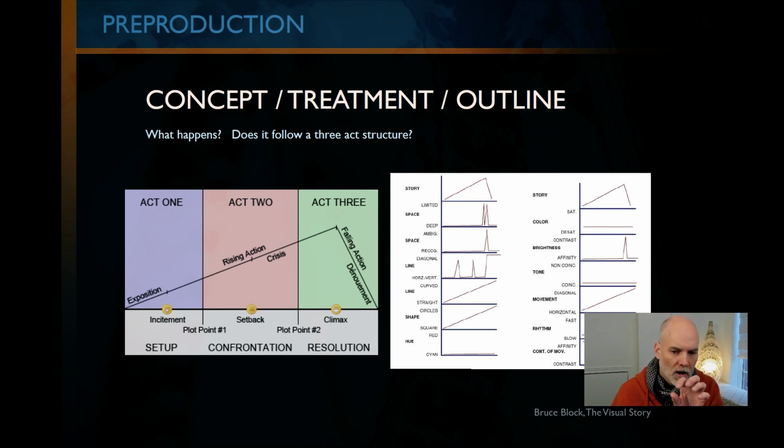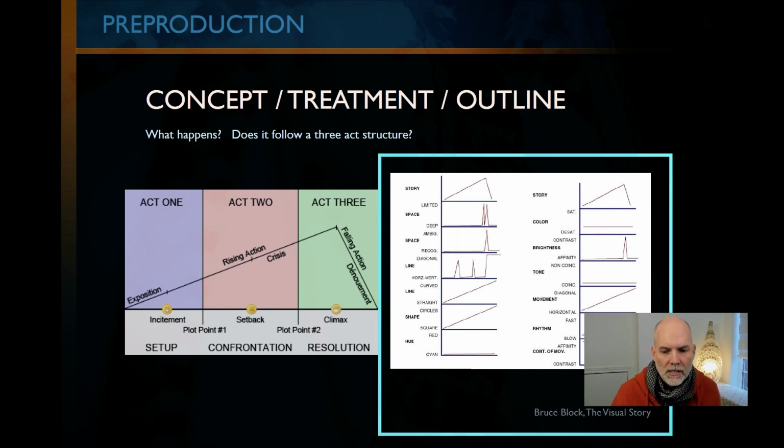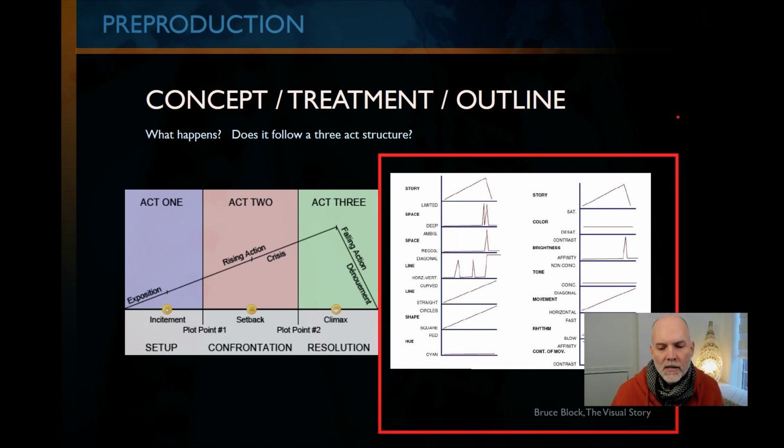Now, for some of you, I want to push you a little bit, and talk about Bruce Block's amazing book called The Visual Story, where he breaks down how a narrative goes, how it starts and ends, and how you can map those elements out.